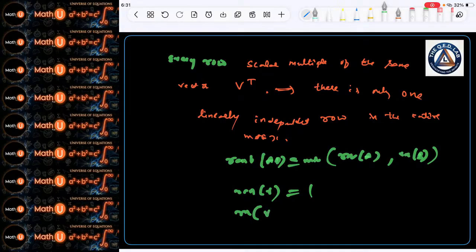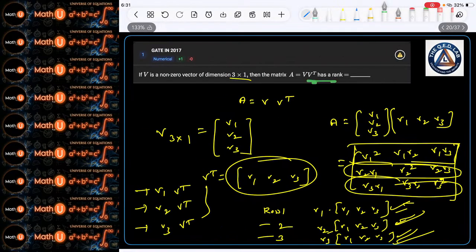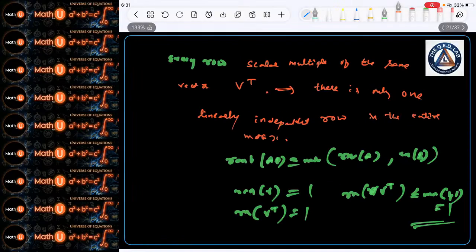And the rank of V transpose is also equal to 1, and the rank of V into V transpose is less than or equal to minimum of 1 comma 1, that is equal to 1. The rank of this is equal to 1 only. You should remember this point.